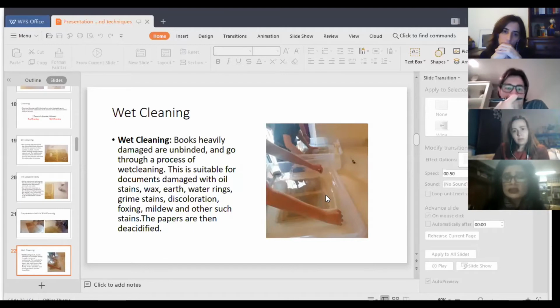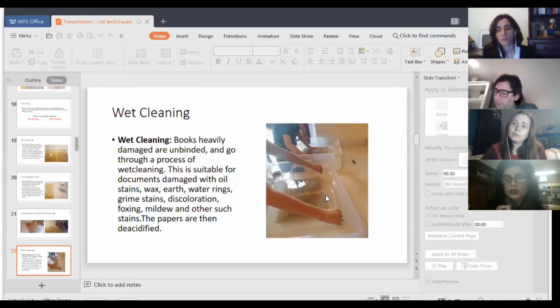Now, wet cleaning is good for books or documents that are heavily damaged with oil, grime stains, wax, earth, water rings, discoloration, foxing, mildew, and other such stains. This is also one of the processes which we have to follow before the lacunae infills. It is also suitable because there is a condition which we call foxing.